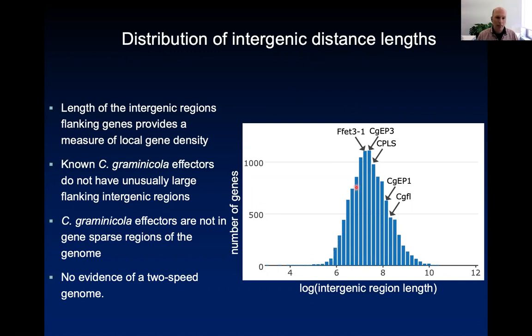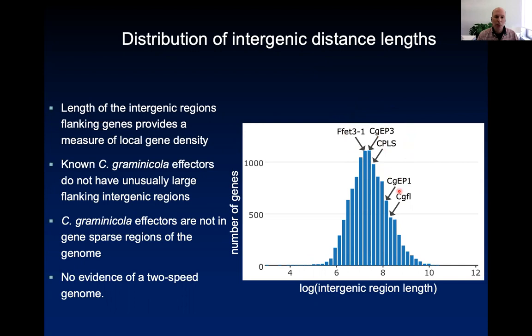We made a histogram of the length between each pair of genes. And then I decorated on this figure the locations of the 5 known effectors in the genome. And what you can see is that most of the effectors are right up here in regions that have, I would say, normal intergenic distances.